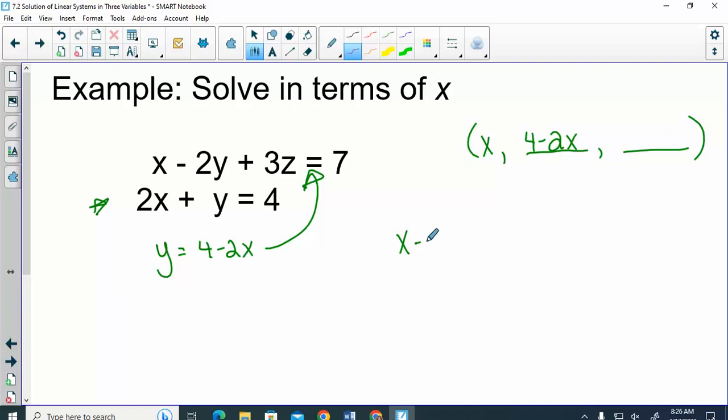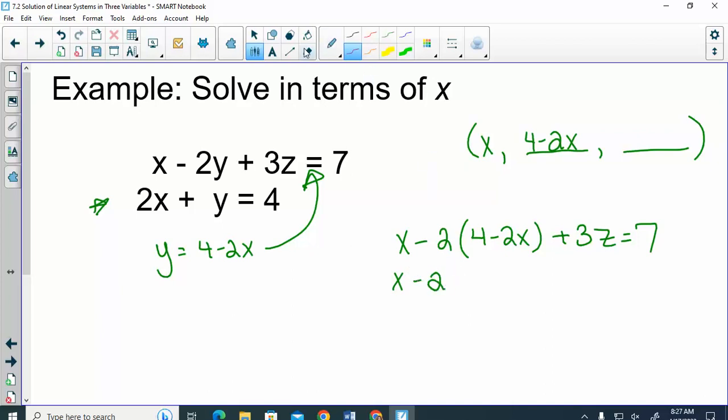We're going to keep the x minus 2 times the y, which is 4 minus 2x, plus 3z equals 7. What am I trying to solve for here? Z. Gotta get that z by itself. Okay.